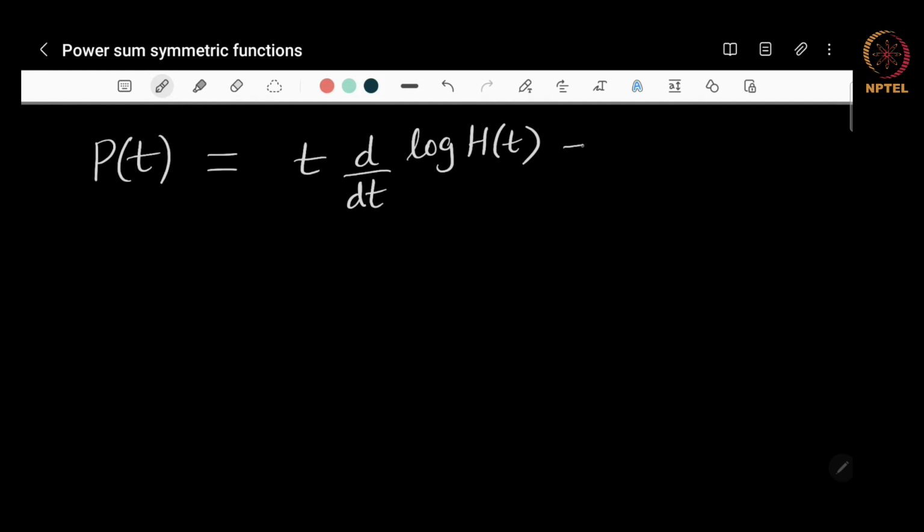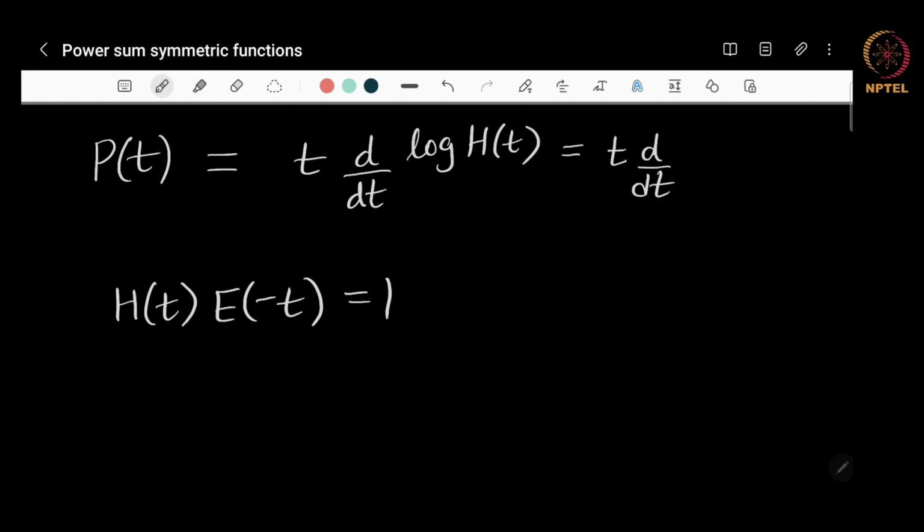But if you remember how h and e were related, h t times e of minus t was 1. So I can rewrite the equation in terms of t d/dt log of e of minus t, since h of t is 1 by e of minus t. So this is log of 1 by e of minus t.